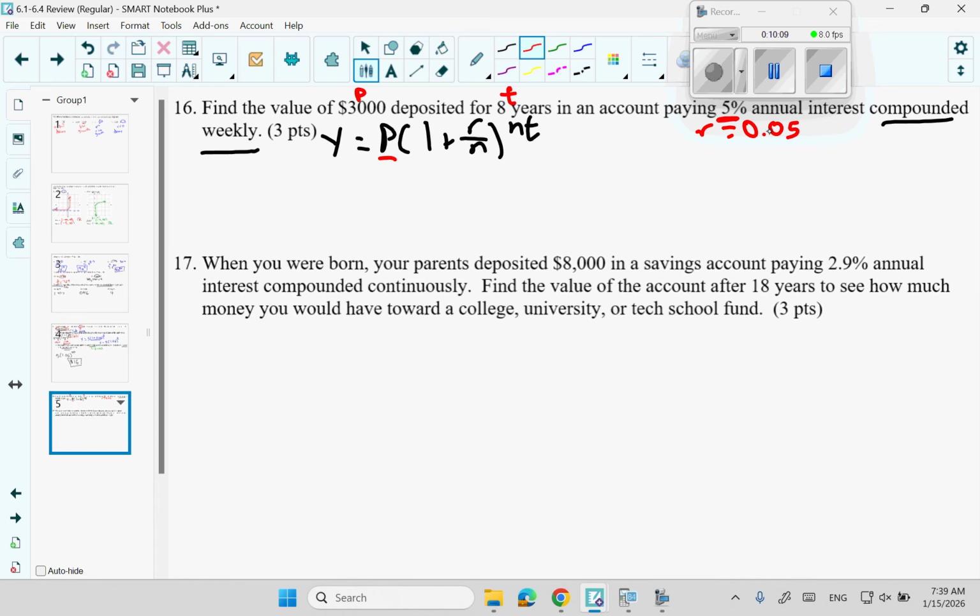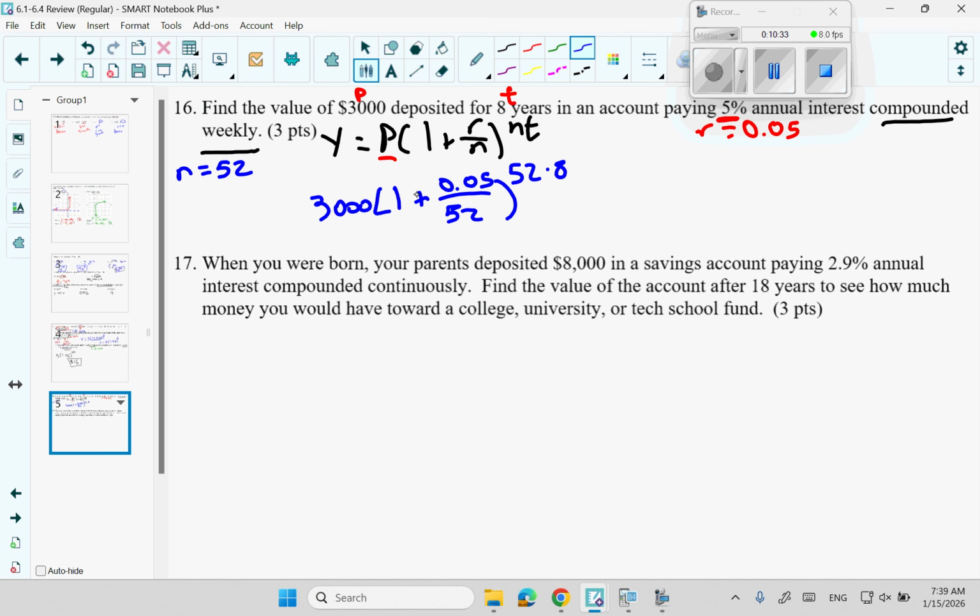The only difference is now I have compounded weekly. n is times per year. Well, how many weeks are in the year? That would be 52. So n has to be 52 there. So we get 3,000(1 plus 0.05 over 52) to the power of 52 times 8.